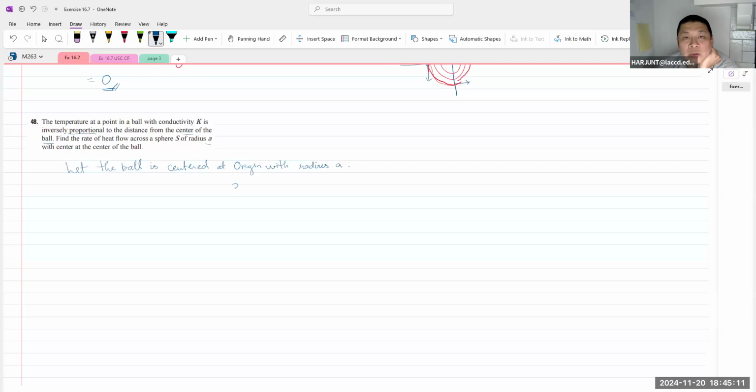So the ball has the inequality x squared plus y squared plus z squared less than or equal to a squared. And then the temperature at coordinate x, y, z is inversely proportional to the distance from the center of the ball.